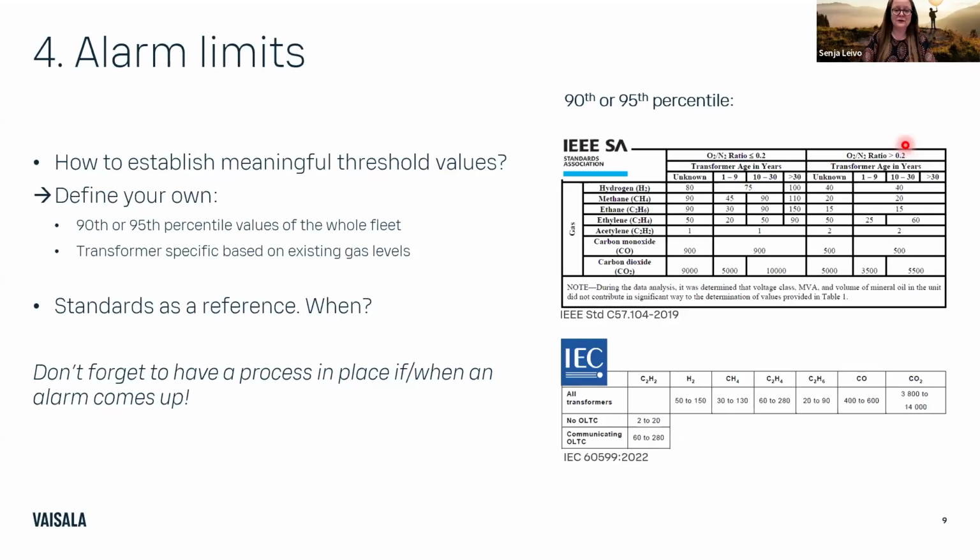And that is definitely not the case. If we look at the statistics, 0.5% is the failure rate of transformers. So before blindly following these typical values in standards, I definitely recommend comparing them to your transformers' existing gas levels.